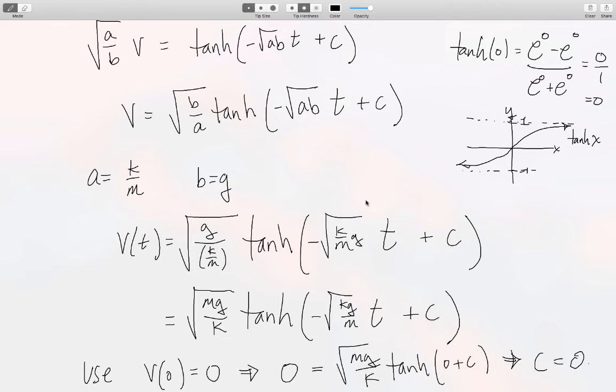So now I can write the velocity function. It's the square root of mg over k tangent hyperbolic, no, not inverse, sorry. The inverse disappeared. I still have a negative inside there. I found the c was 0.